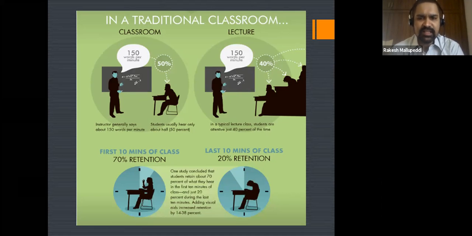These would improve their learning skills, listening skills, speaking skills, and thinking skills. So there is an all-round development for the student, and it's useful for their lifetime.